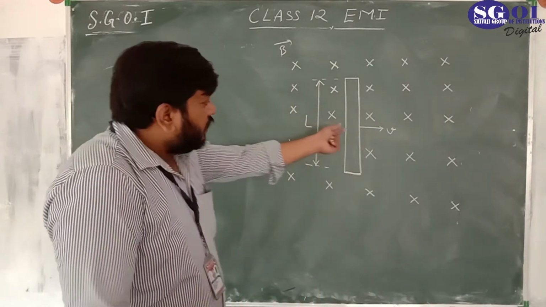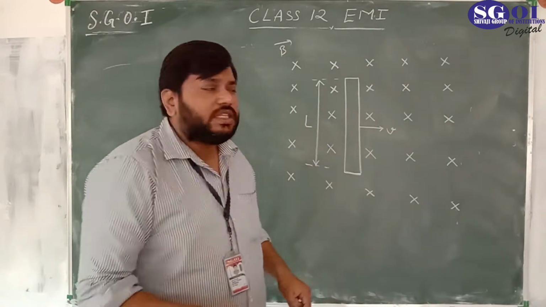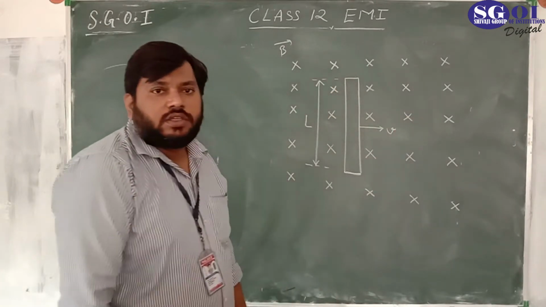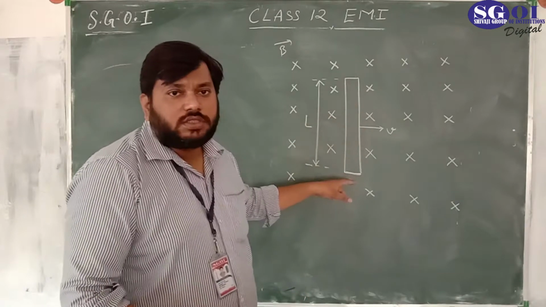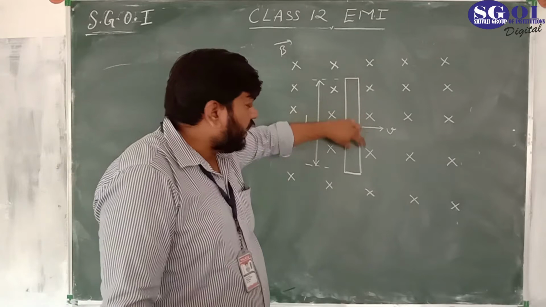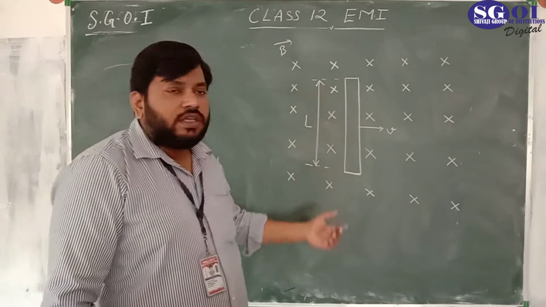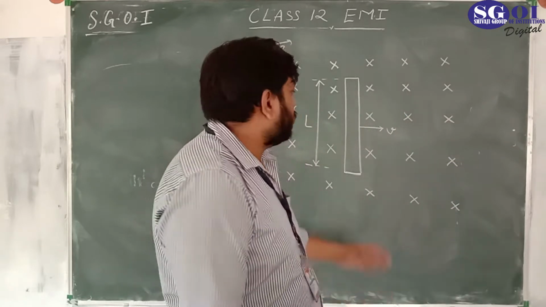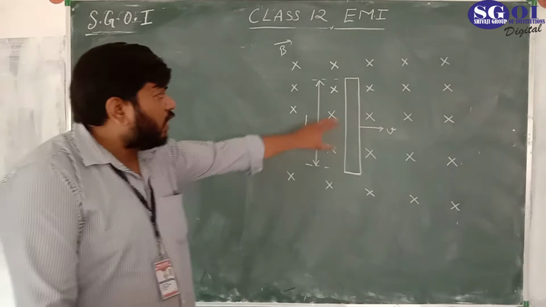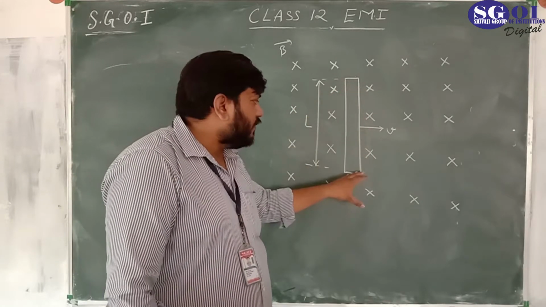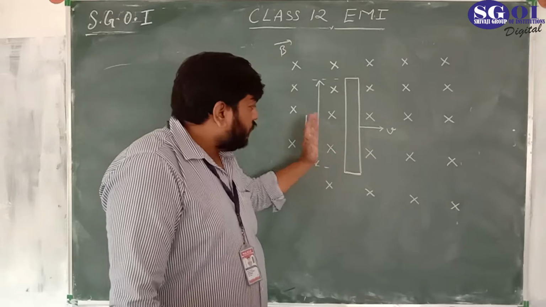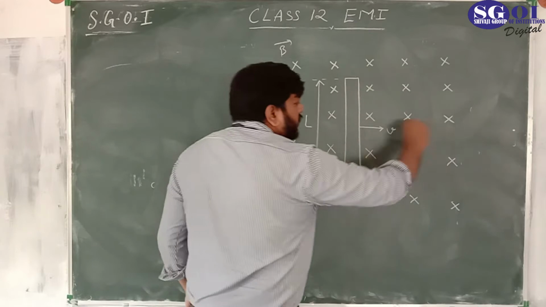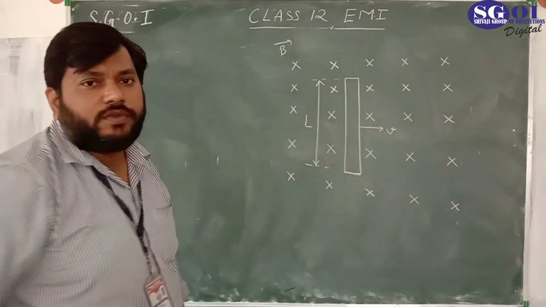If this conducting wire is moving with velocity v, then all the free electrons present in this metallic wire are also moving with velocity v in this direction. Yes or no? All the electrons present in this metallic wire would also move with velocity v.